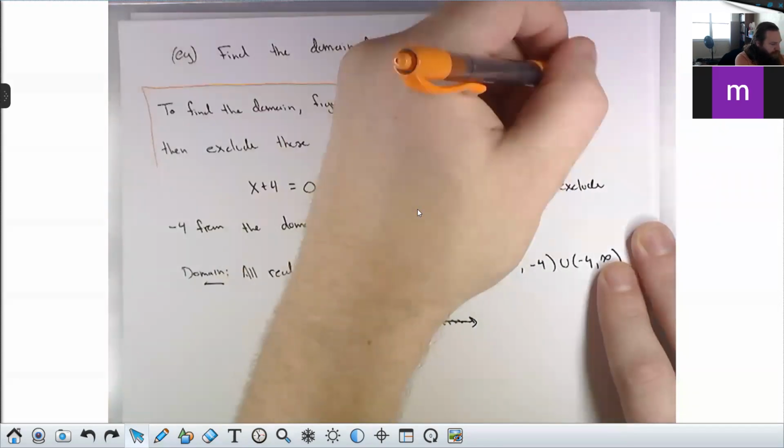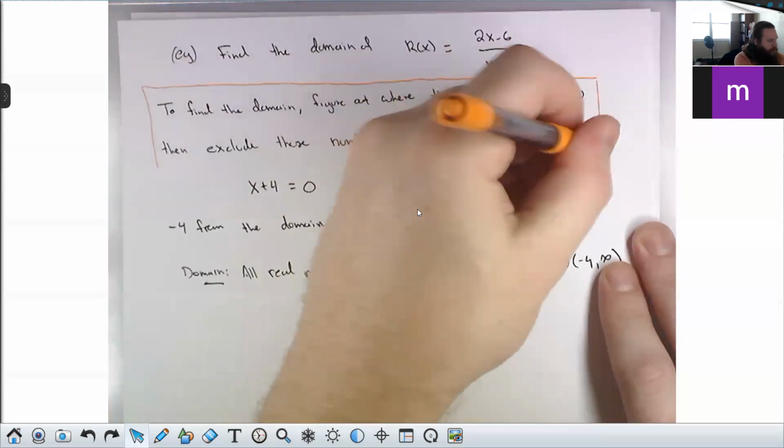To find the domain, set the bottom equal to 0, and then exclude those numbers.